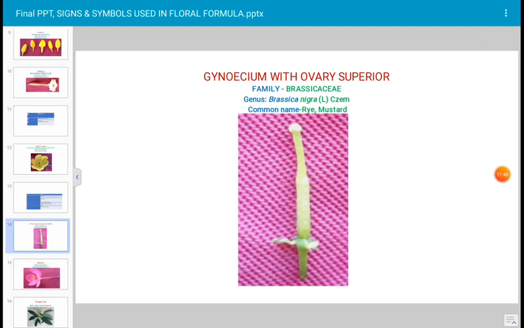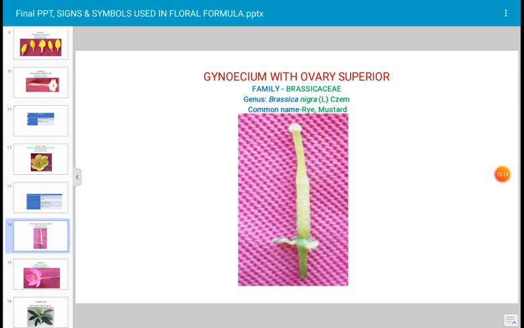Here in the photograph we are showing gynoecium with superior ovary. What is gynoecium? This is the female part of the flower, which consists of ovary, style and stigma. The ovary is superior when all the floral parts, calyx, corolla and androecium, originate from the base of the ovary.